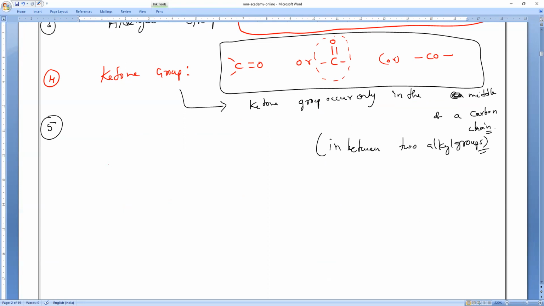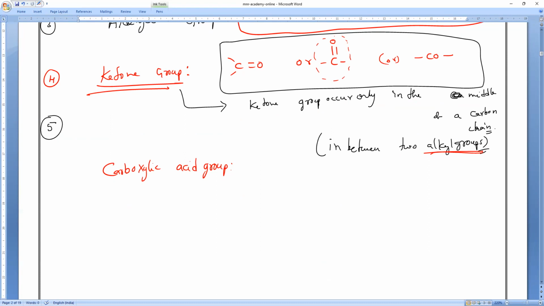Again, the most important one: the double bond O occurs only between the two alkyl groups. If it does not, it is not called a ketone. Again, it's a very common mistake where people make errors.